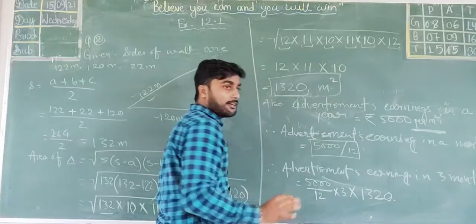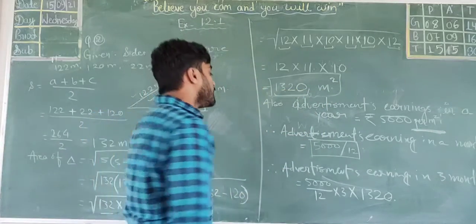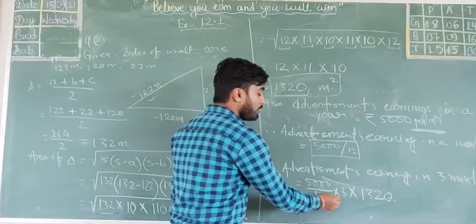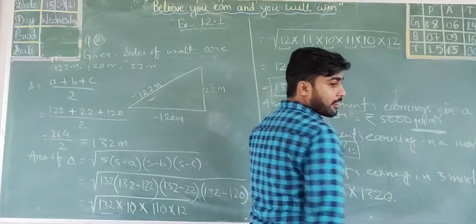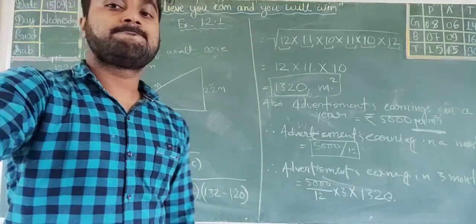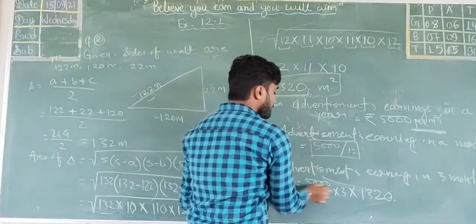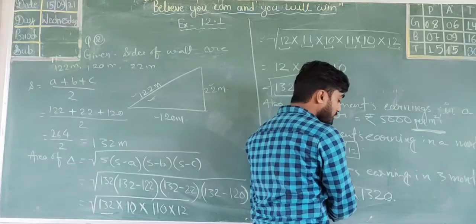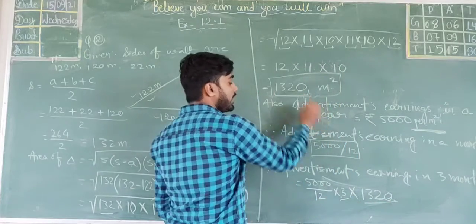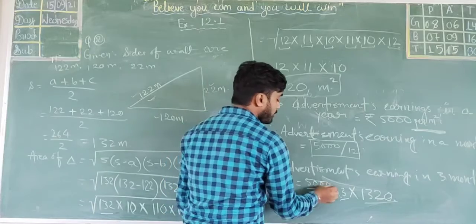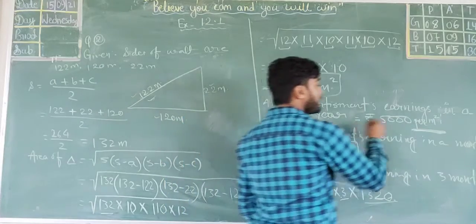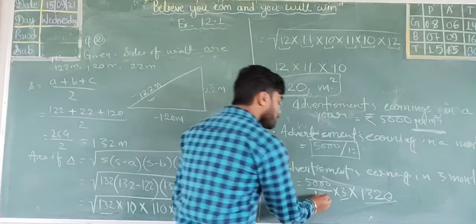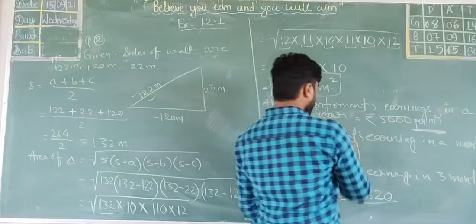So the advertisement earning in 3 months will be 5,000 upon 12 multiply by 3 multiply by 1320, because 3 is the number of months, 1320 is the area of the triangle, and 5,000 upon 12 is the earning in 1 month.